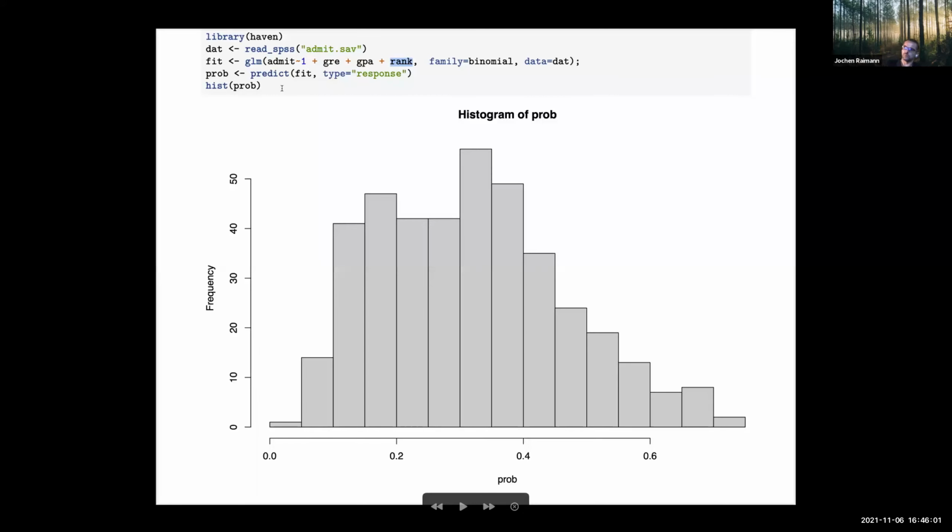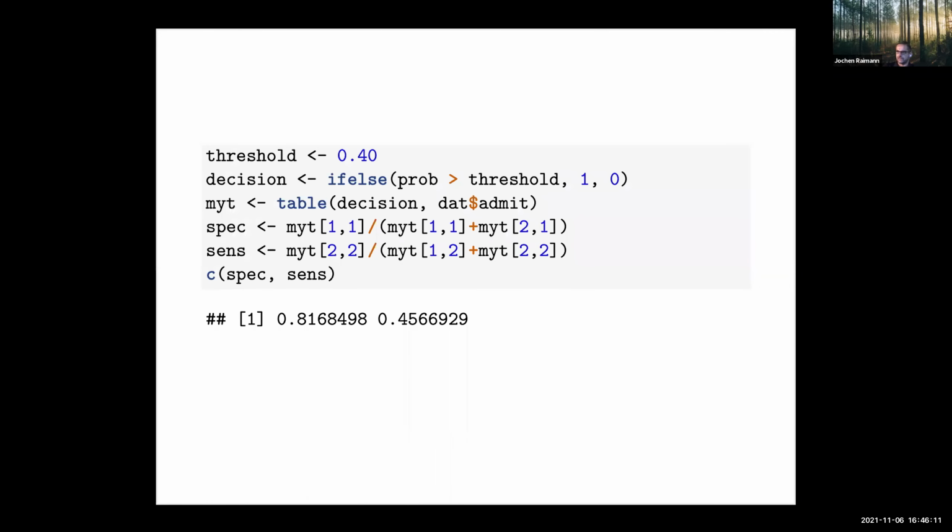We're predicting this probability based on that fit over an entire range of our data. And we can now look at sensitivity and specificity with a threshold that we can define here. So this would look as follows.